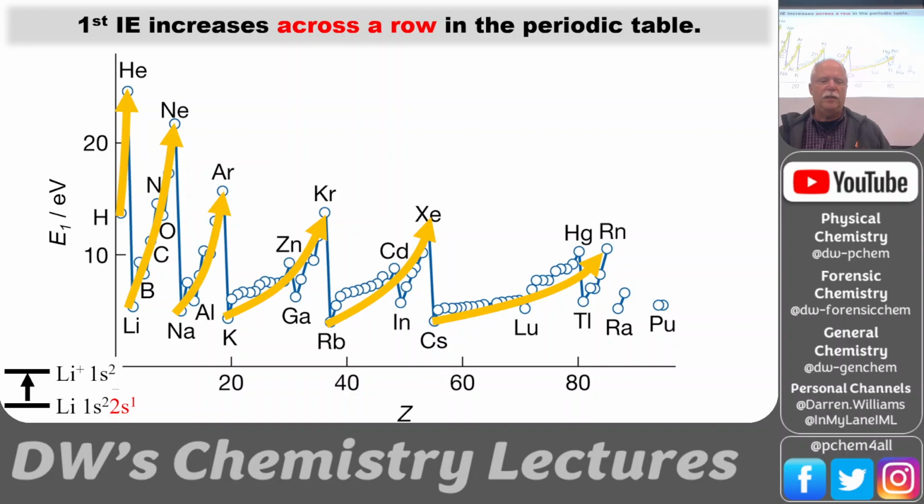And here's the interesting thing. Lithium has that extra electron in that s orbital, and if you take it away, then I have the lithium cation, so I've got a noble gas configuration. If I've got neon, that's hard to do.